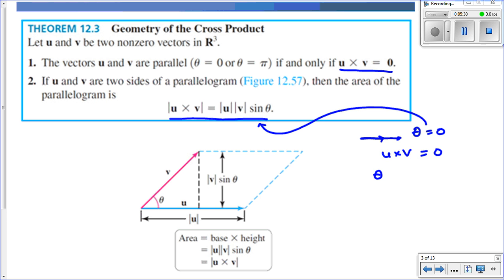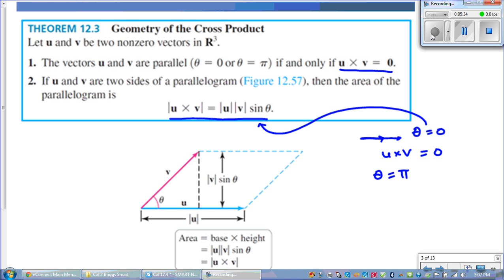Or if theta is equal to pi, then the magnitude of u cross v is also 0. So if the two vectors were going in opposite directions, meaning the angle between them was pi, then they also have a cross product of 0.